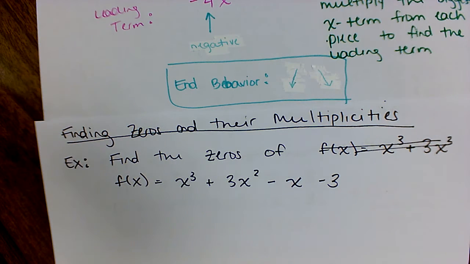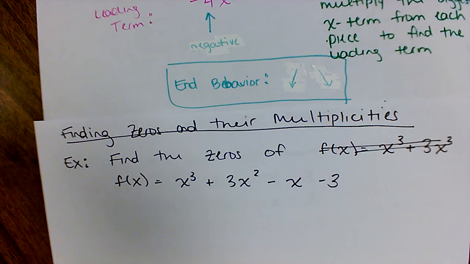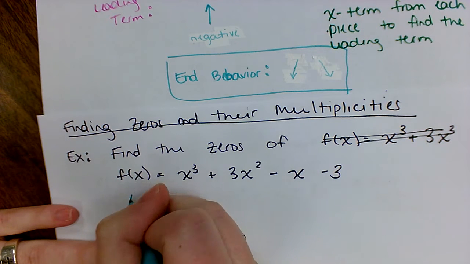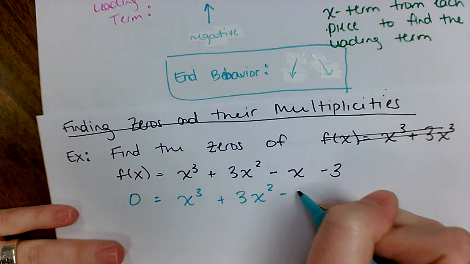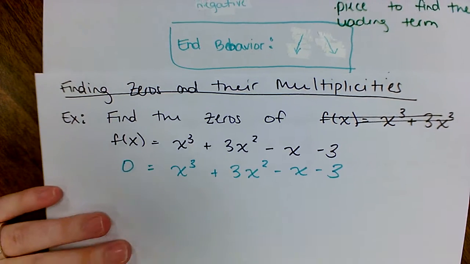So we find the zeros. Zeros is just another word for x-intercepts. We find our x-intercepts by setting our function equal to 0 and solving for x. How am I going to solve this for x?